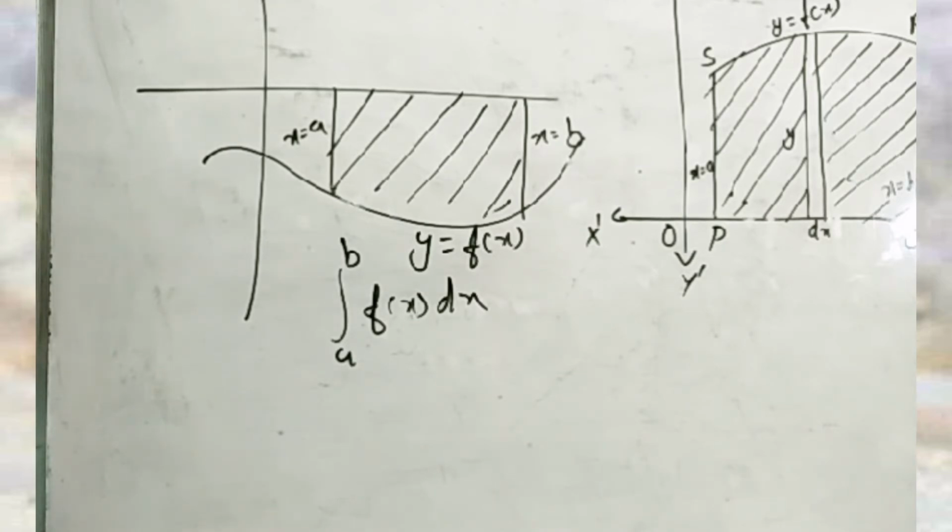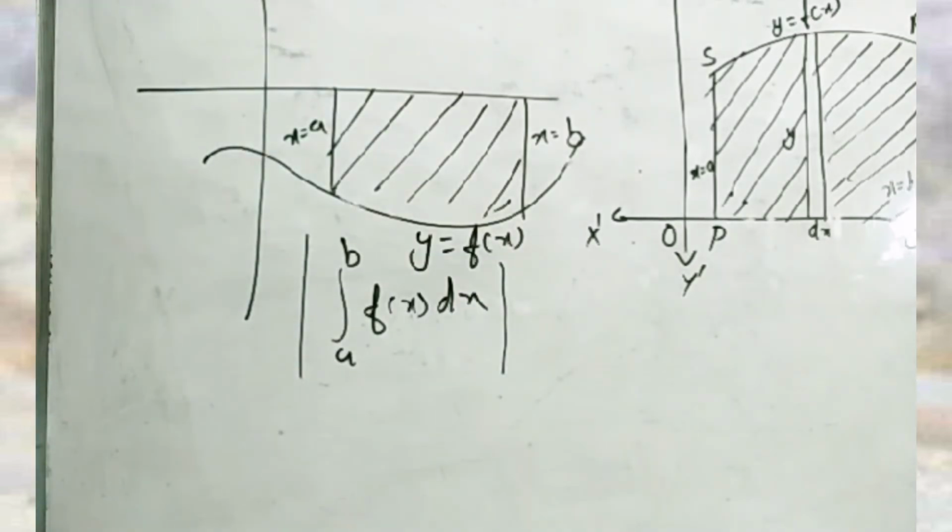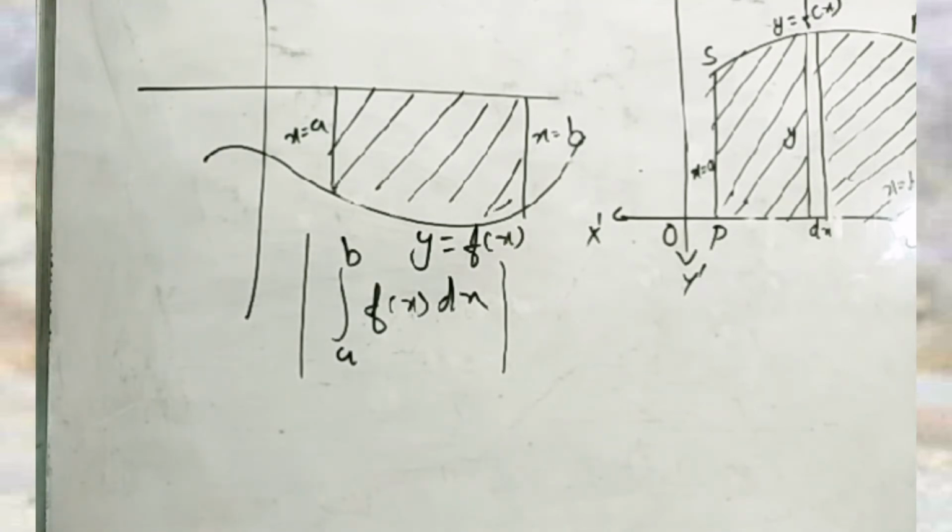So in this case, we need to take modulus. If the area under consideration lies below the x-axis, you need to take the numerical value of that integral, the absolute value of that integral.